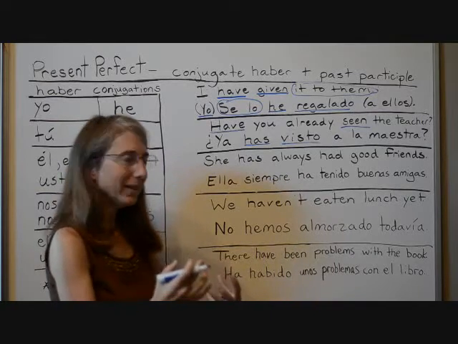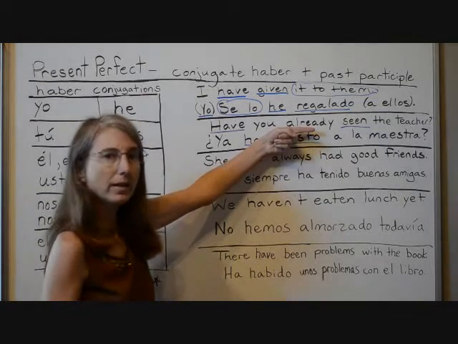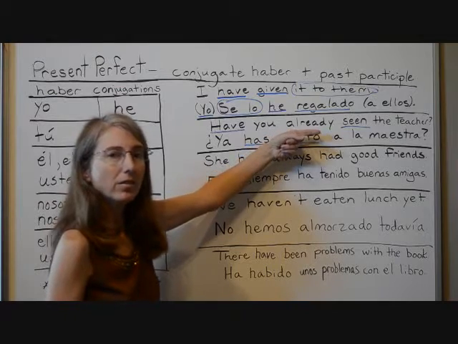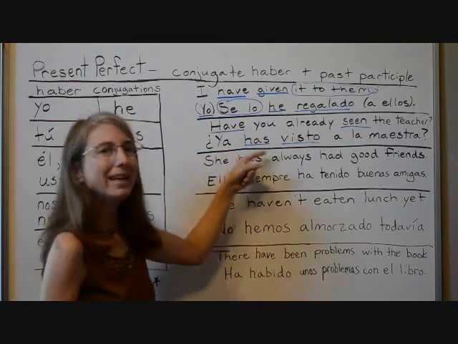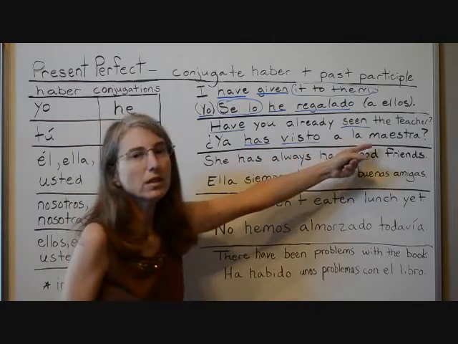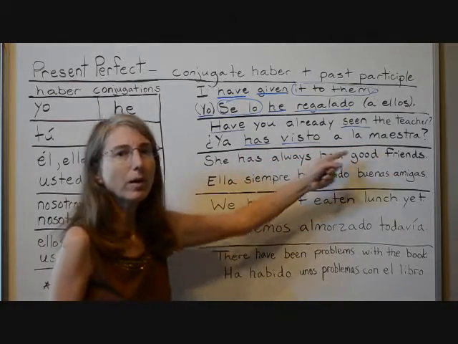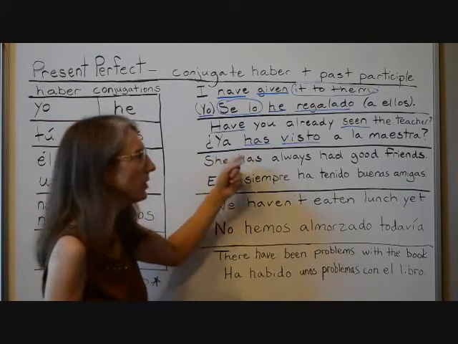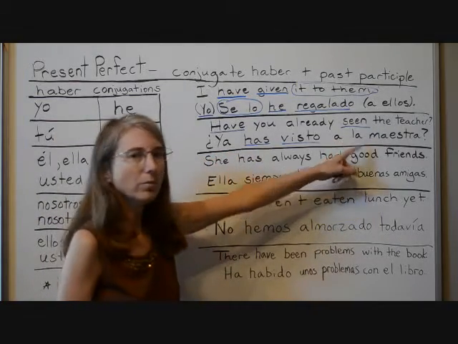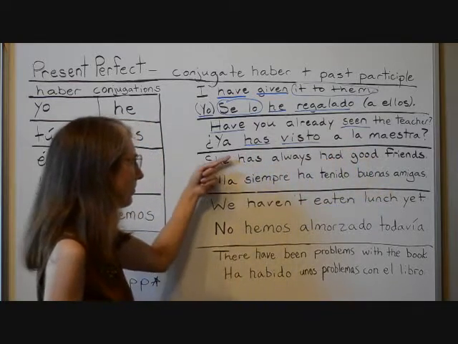Now, the already, okay, in Spanish is ya. This is also going to go before the verbs. Already, have you seen the teacher? Ya has visto a la maestra? So we have the already before the verbs and the personal a, because we're talking about the teacher.